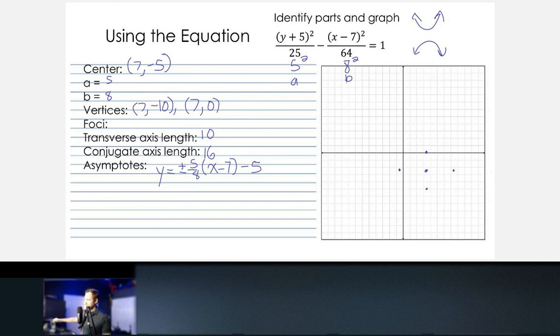Both of them. I need to find C first. Yes. So how do I find C? Yeah, the Pythagorean theorem.